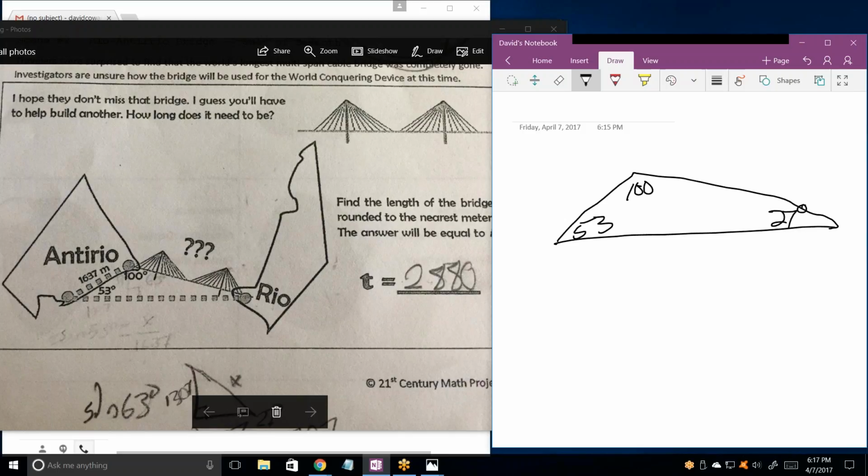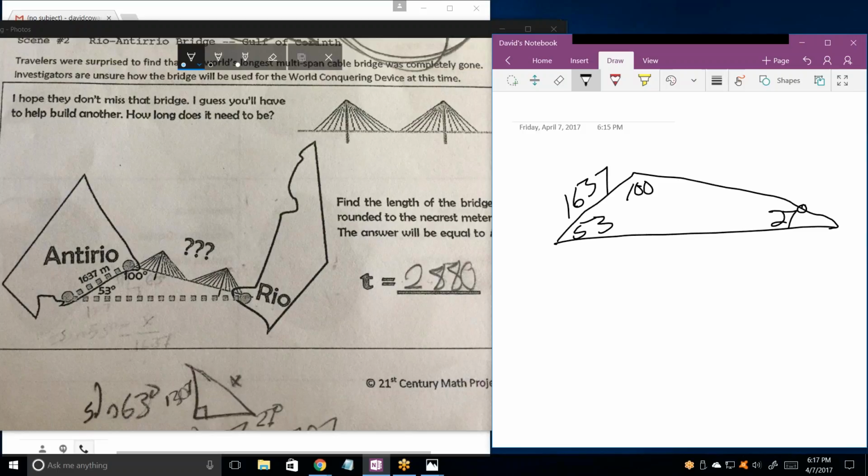Let's go ahead and fill in everything we know. And that's 1637. Now, usually all you need is 3 pieces of information to solve a triangle. And I've got 4. Find the length of the bridge sounds like they're looking for that right there.